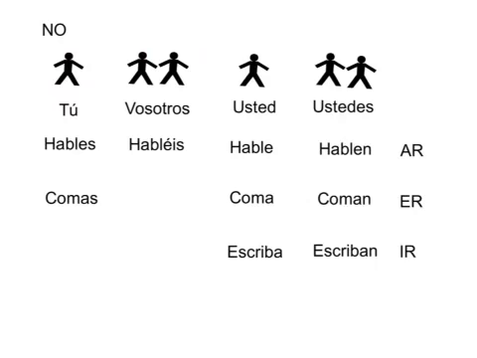So I'd say no comas, don't eat, or no comáis, don't eat, if I'm talking to more than one person. And finally, for the IR verbs, no escribas, no escribáis, don't write. Copy this table down into your book.